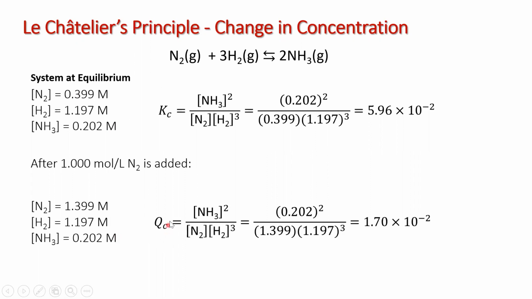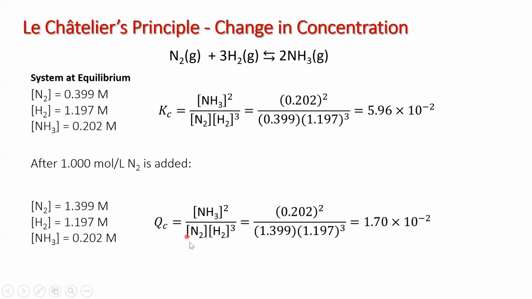So now we would calculate Q because we're not at equilibrium anymore. We changed this number. So we've got 0.202 squared divided by, instead of 0.399, now 1.399, and divided by 1.197 cubed. And look at what happens to Q. K is 5.96 times 10 to the minus 2.